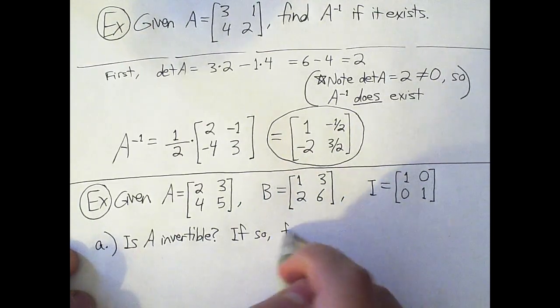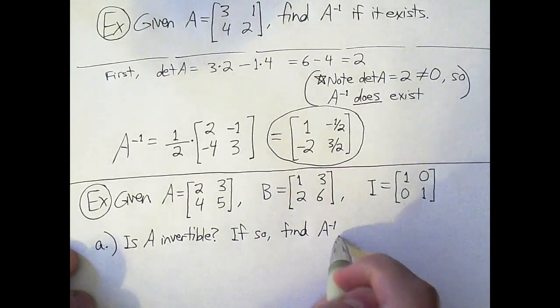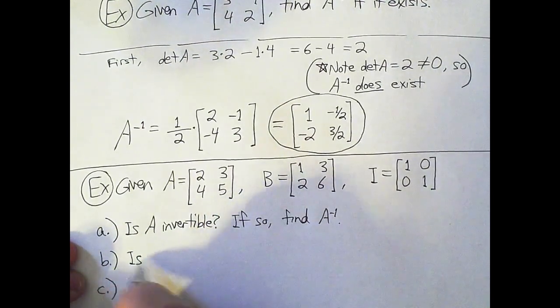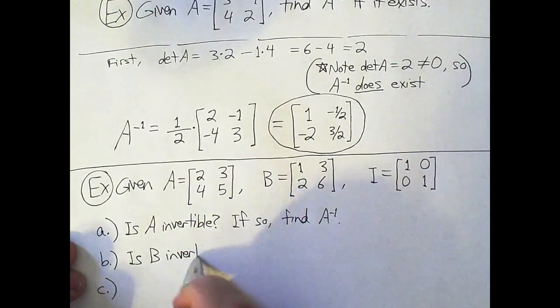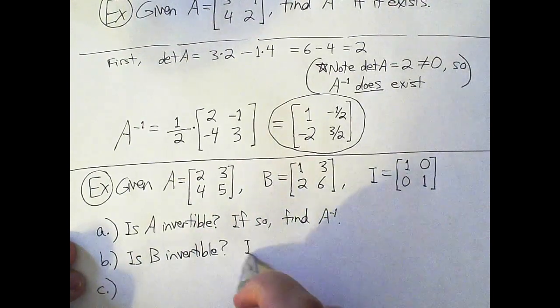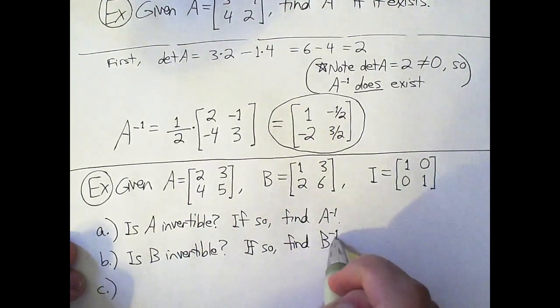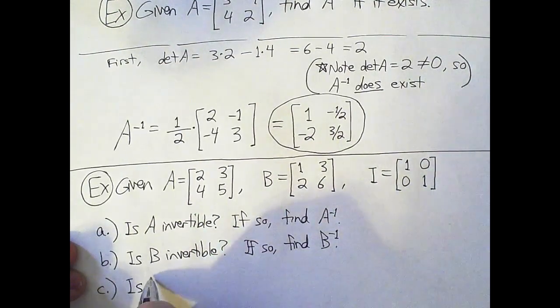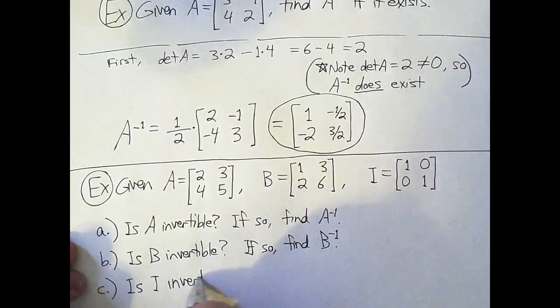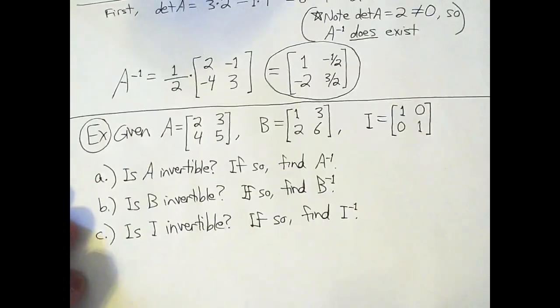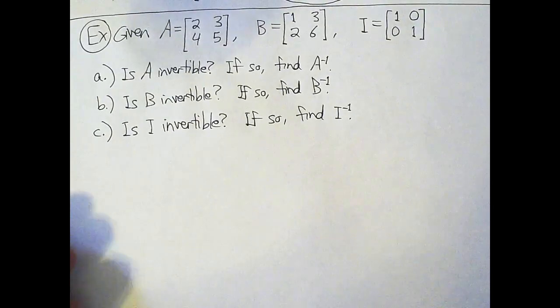If so, find A inverse. There's going to be 3 parts to this. I think you can guess what they are. Is B invertible? If so, find B inverse. And is I invertible? If so, find I inverse. So I'd like you to pause the video and try this out.